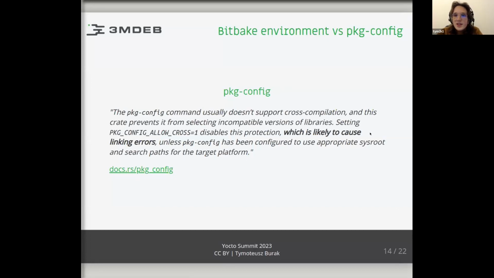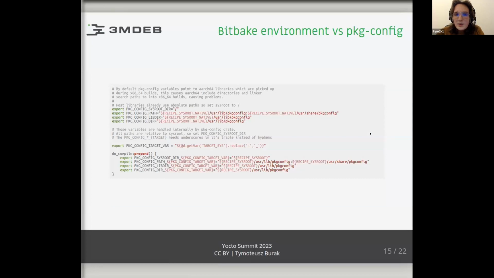When I started looking into it, I saw a bunch of posts on Reddit and Stack Overflow mentioning this problem. Yeah, we managed to bypass it by specifying different pkg-config variables for the host architecture and the target architecture.